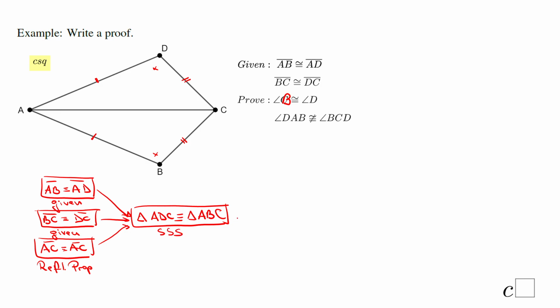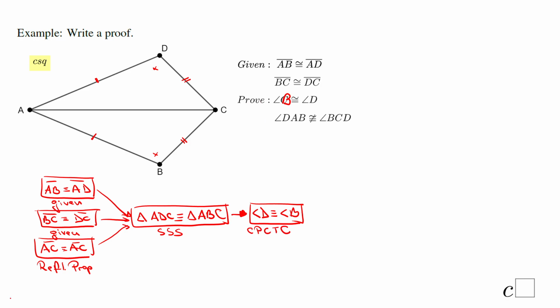And from this one, yes, the corresponding parts are congruent, and the corresponding parts are angle D congruent with angle B. And that will be corresponding parts of congruent triangles are congruent.